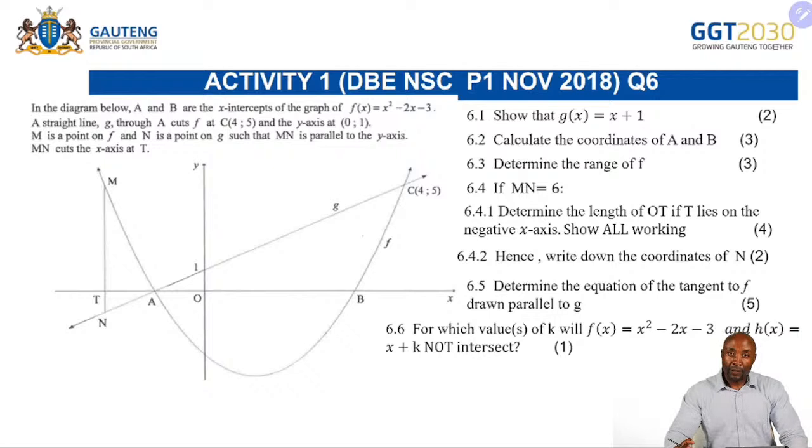Please note, read and understand the information, add information to your diagram, and try by all means to understand the question and what it requires before you start writing down your solution. Okay, we will discuss the solution of 6.1, 6.2, and 6.3 after 7 minutes. Let's attempt answering the question there.